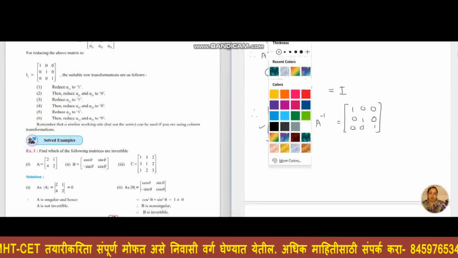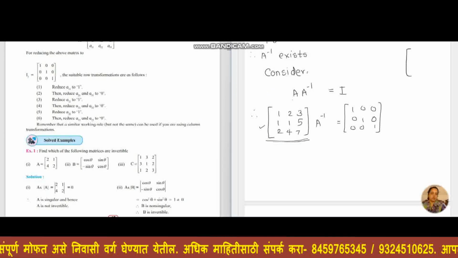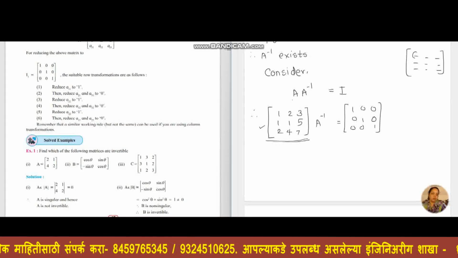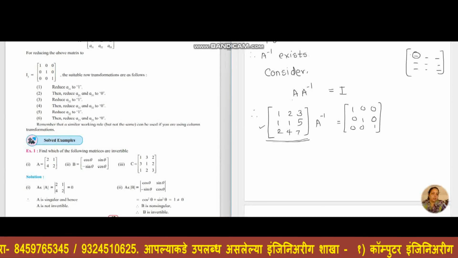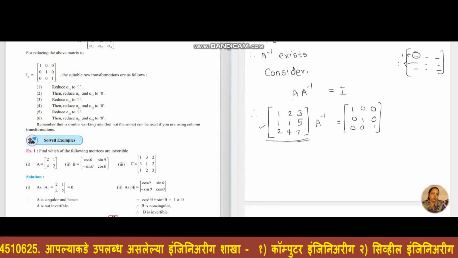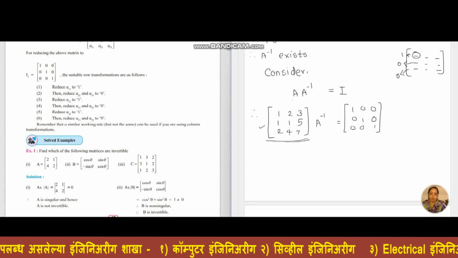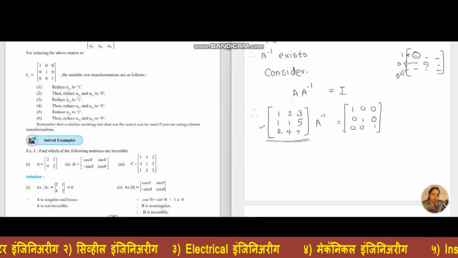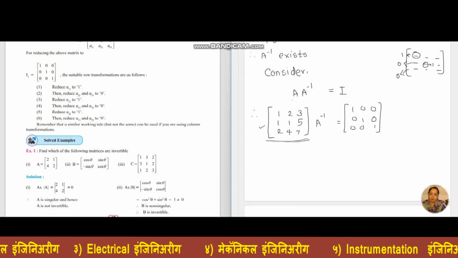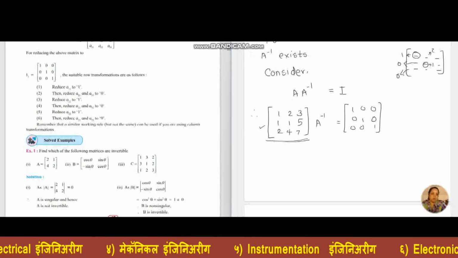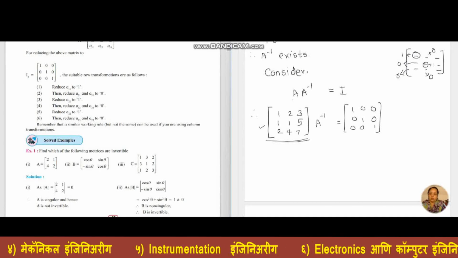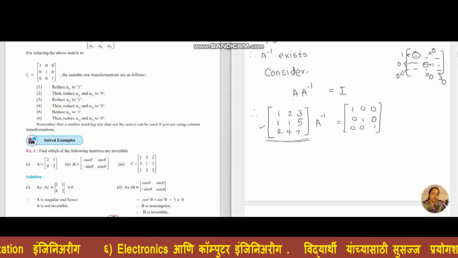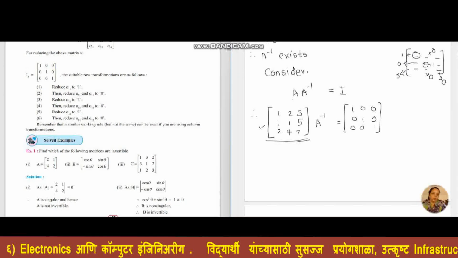Means if this is your matrix with these 9 entries, first of all reduce this element to 1, this to 0, this element to 0. Next A22 to 1, then these two elements to 0. After that convert this element to 1 and the other two elements to 0.